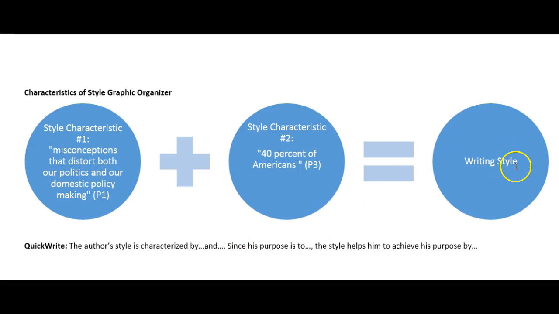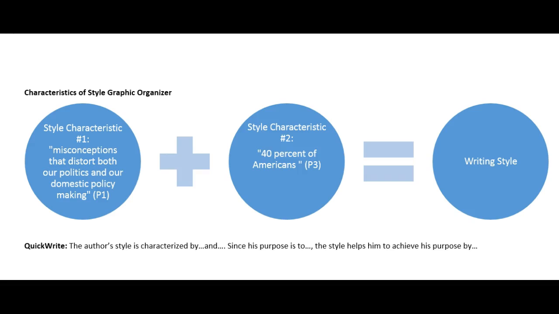So that's what I'm going to put here, and that's where you will put the identification of your author's writing style. The bank of choices that you'll want to consider will likely be informal or formal, informative or persuasive, maybe sometimes even descriptive, maybe narrative if you're working with a speech that tells a story.